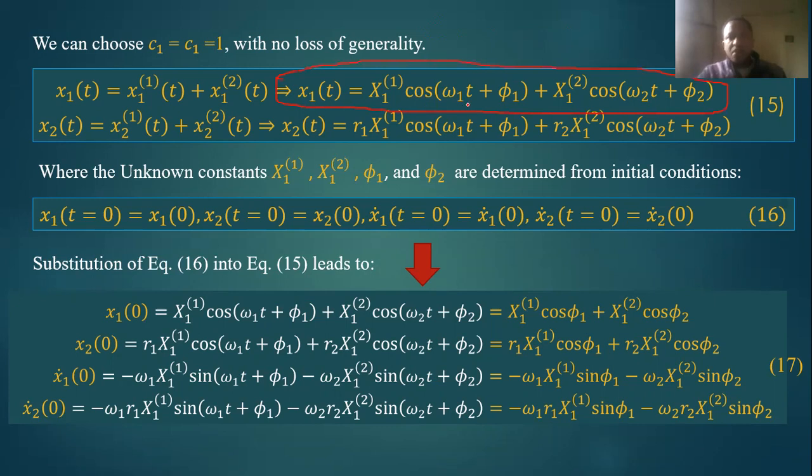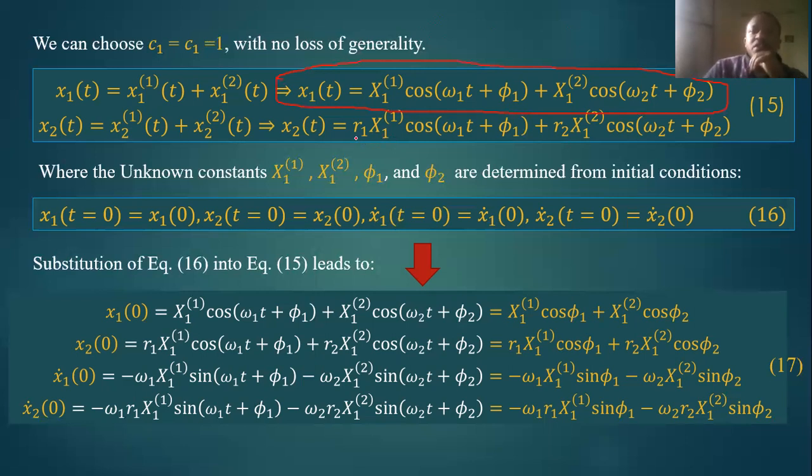Okay, omega 1t plus pi 1 plus cos omega 2t plus pi 2 for the first component of x1. x1 in the first mode, x1 in the second mode. So again, for x2, we consider the amplitude ratio for the first mode, x1.